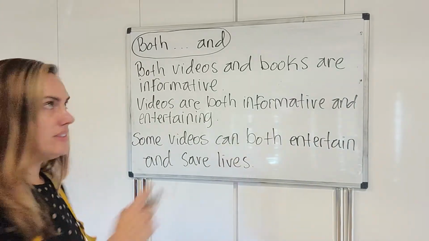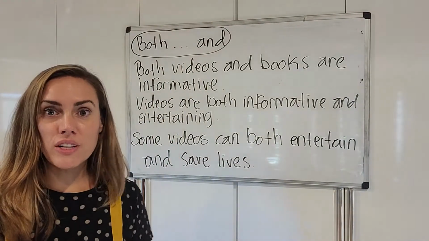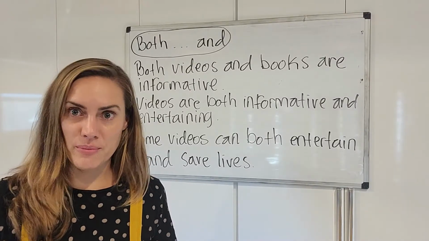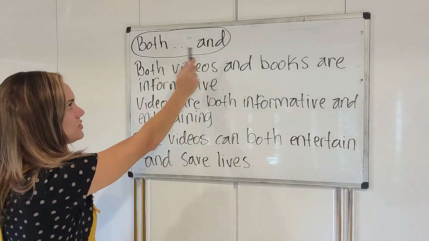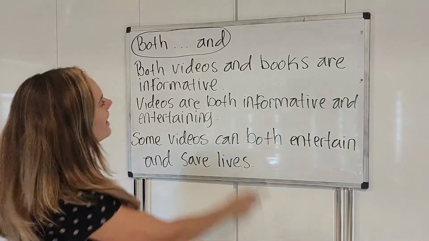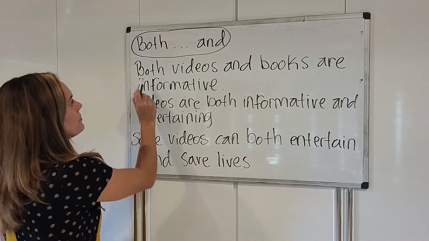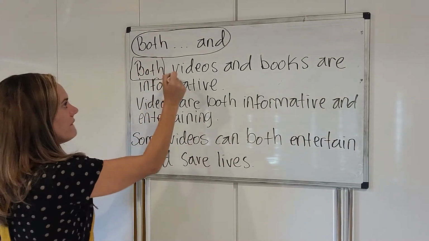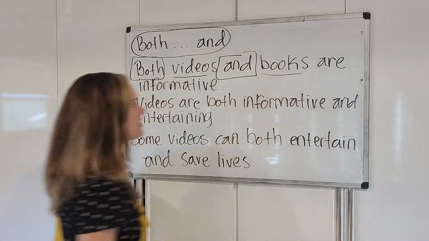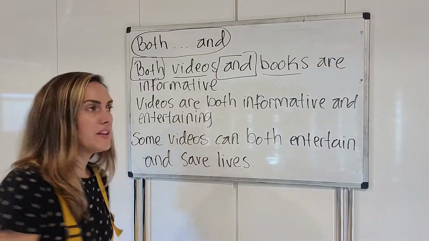"Both and." This is a correlative conjunction. We use it to combine ideas all the time, okay? When we use "both and," we mean "and." So look at these examples. Both videos and books are informative.